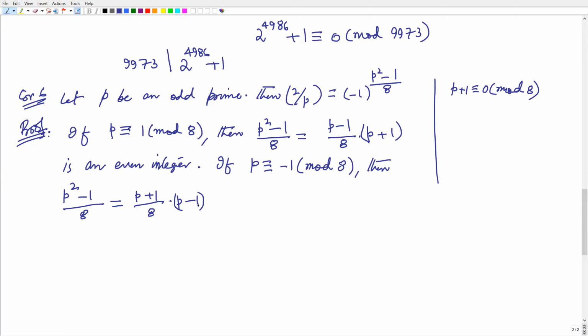So an even integer times some number is also an even integer. So if p is congruent to minus 1, then (p square minus 1) by 8 is also an even integer.